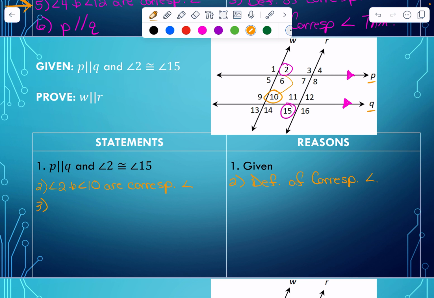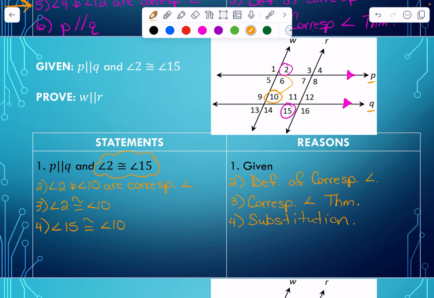Step 3, now they're corresponding angles over parallel lines. So angle 2 is congruent to angle 10. And that is the corresponding angle theorem. Once I know that, now I know 2 is congruent to 15. I know 2 is congruent to 10. So now what I know is angle 15 is congruent to angle 10, and that is by substitution.